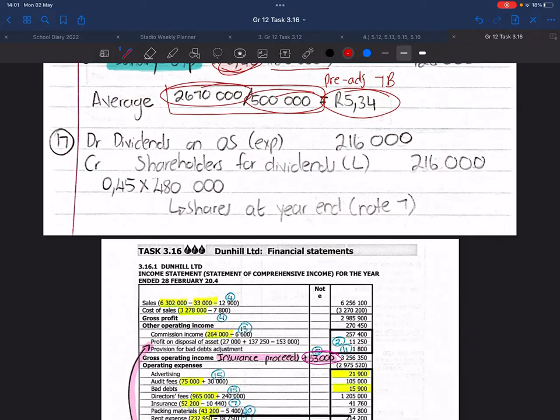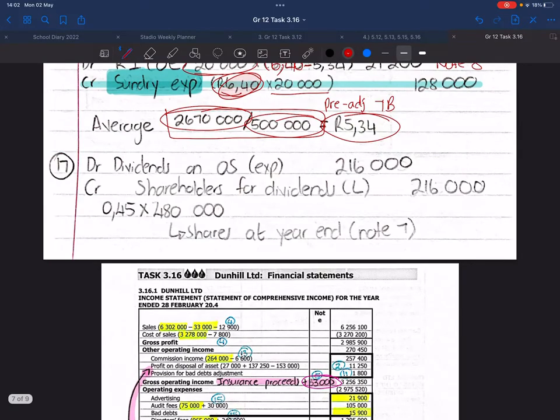Okay, and then the last adjustment is they tell us that a final dividend of 45 cents per share has been recommended. The shares repurchased did not qualify for the final dividend. So that means that the shares that we bought back did not qualify for the dividend, so we need to take the number of shares that we actually have in issue at the end of the year.